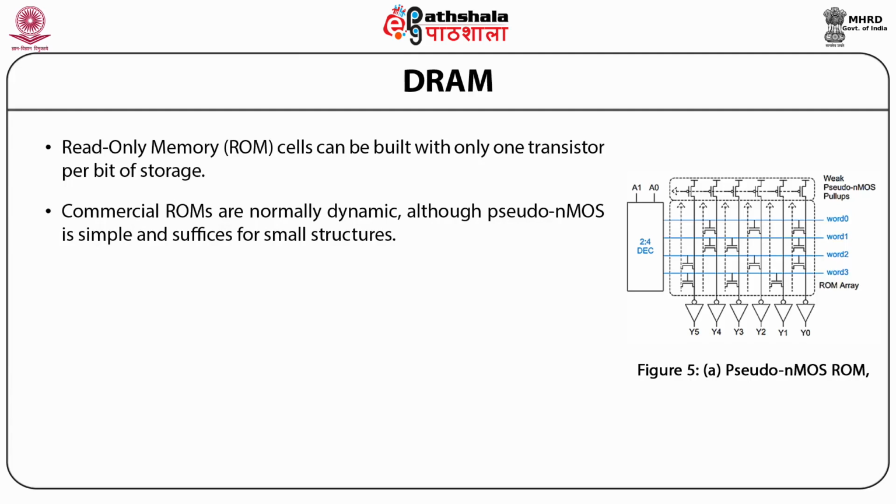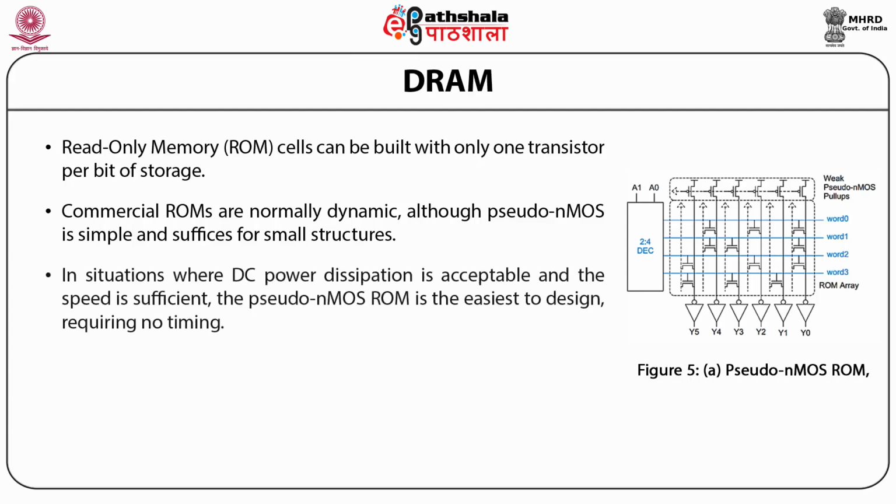As in SRAM cells and other footless dynamic gates, the word line input must be low during pre-charge for dynamic NOR gates. In situations where DC power dissipation is acceptable and the speed is sufficient, the pseudo-NMOS ROM is the easiest to design, which requires no timing. The DC power dissipation can be significantly reduced in multiplexed ROMs by placing the pull-up transistors after the column multiplexer.